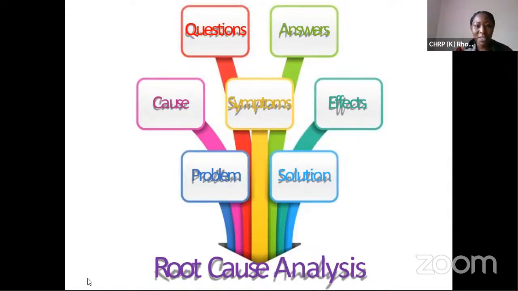I've seen comments on the chat: process of getting to the actual cause of the problem, or the root cause. Thank you very much. That is actually what root cause analysis is. When we are solving problems, instead of trying to deal with the symptoms, the effects, or the impact of a problem, we want to drill down to the root cause of this problem.